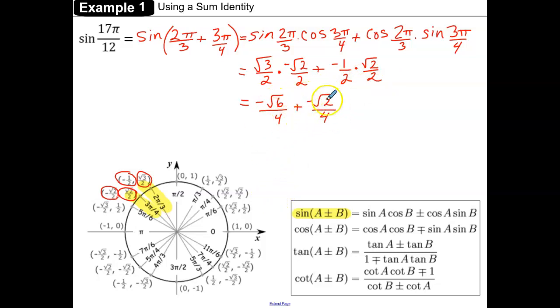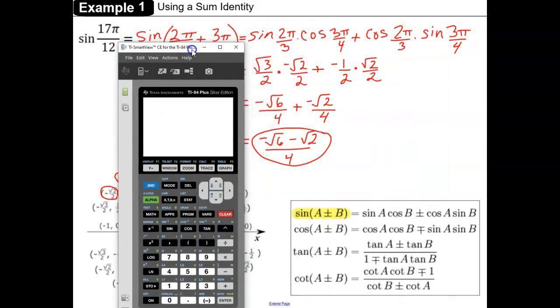And you're going to usually see these combined in your answers in the textbook. So since I have a common denominator, I can add my numerators to get negative square root of 6 plus a minus is minus square root of 2, and then that's all divided by 4. And that would be the exact value of the sine of 17 pi over 12.